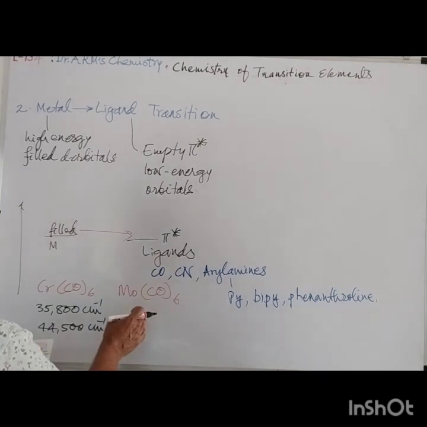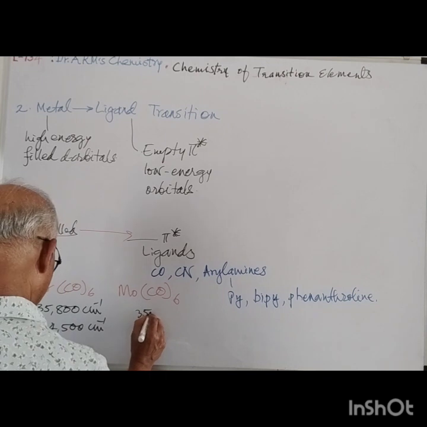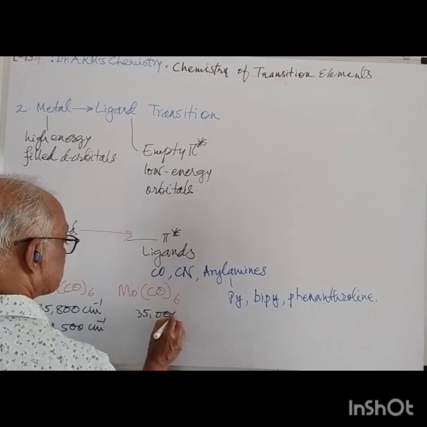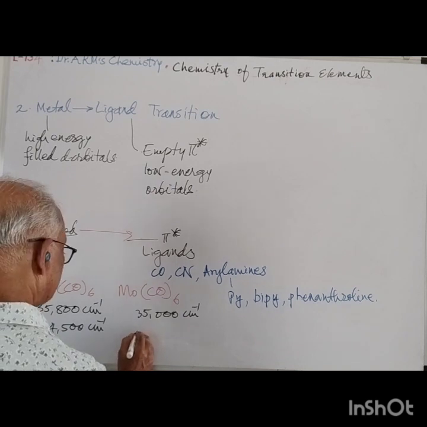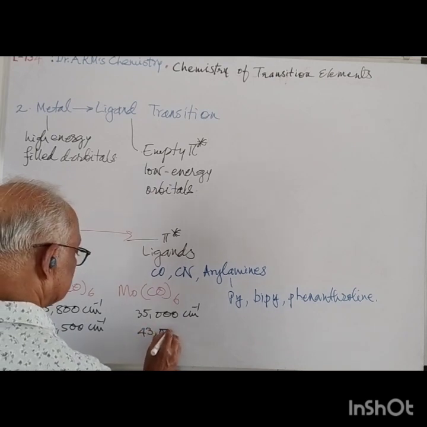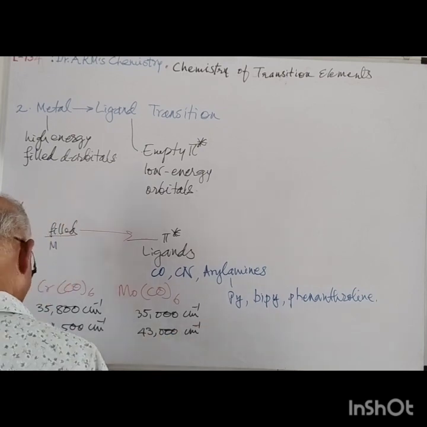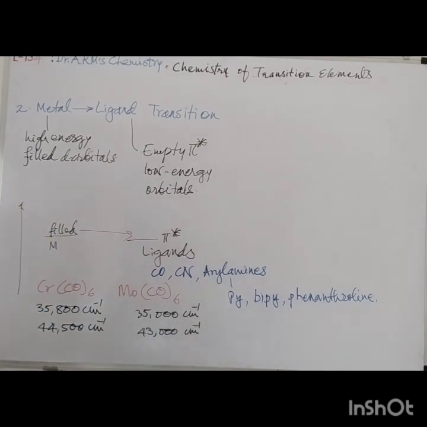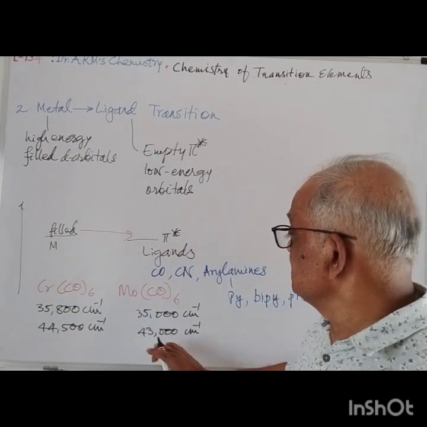Similarly, in case of molybdenum, we have the first band at 35,000 per centimeter, and the second band is observed at 43,000 per centimeter. In this way all the observed bands can be assigned.